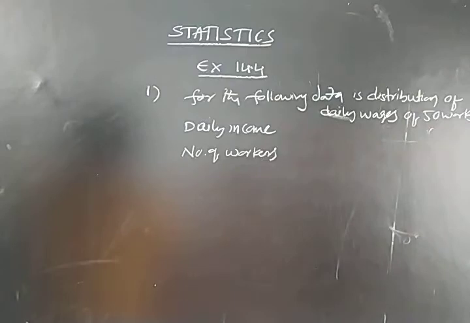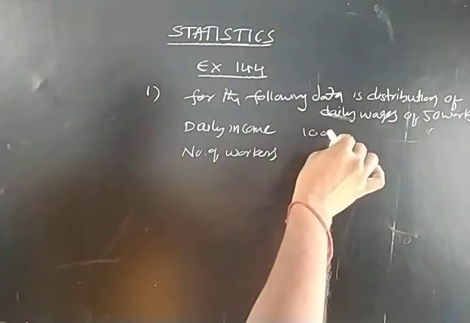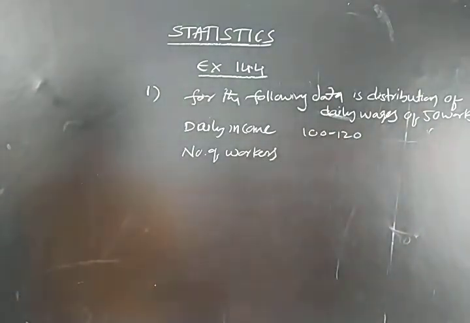Okay. So daily income from 100 to 120, number of workers 12.